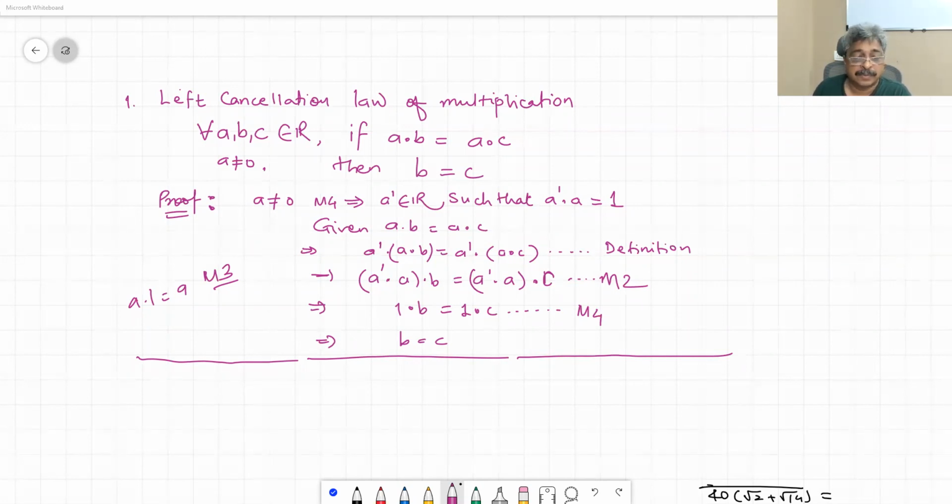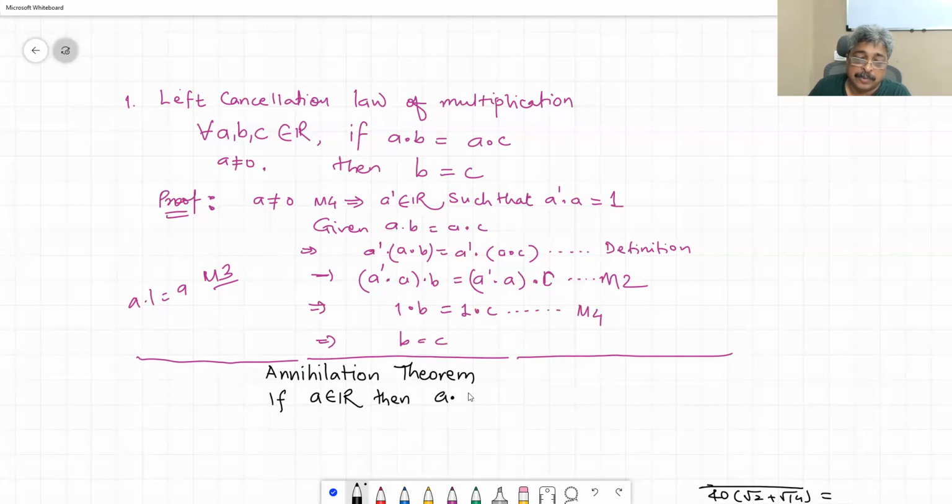If a belongs to R, then a into 0 is equal to 0. For every a belonging to R, a into 0 is equal to 0.